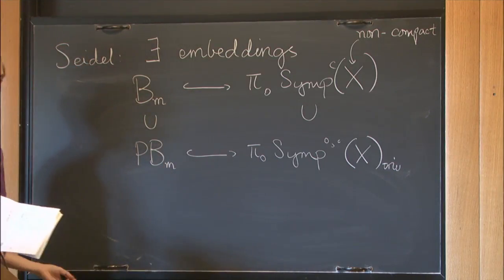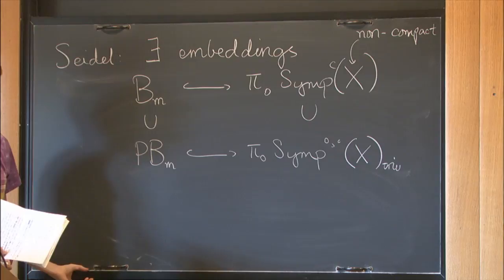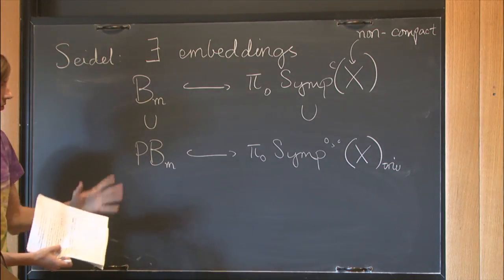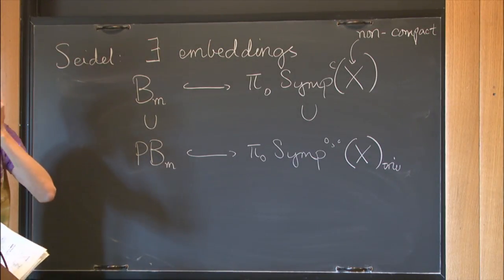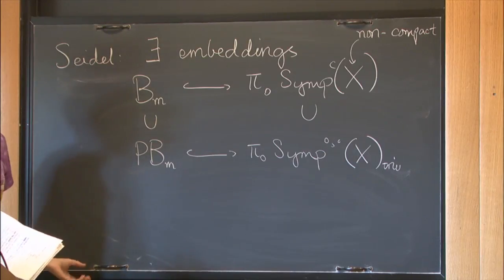Here X is something special. For example, in singularity theory, X could be an A_m Milnor fiber.